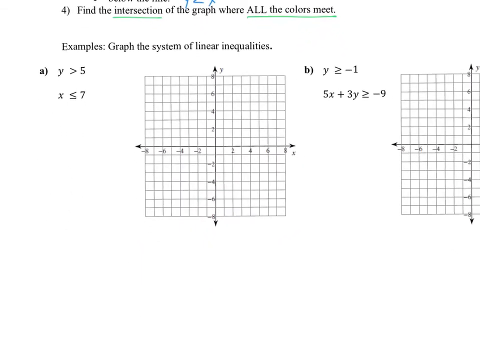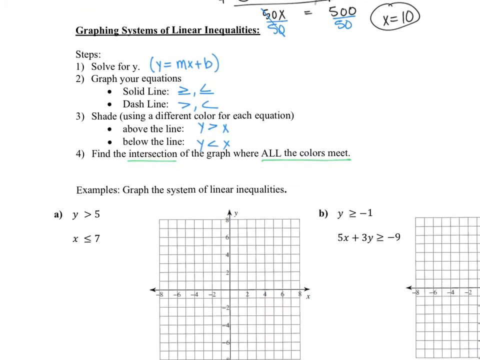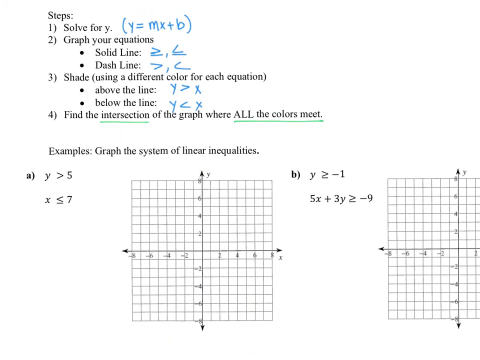All right, here we go. So first, let's review a little bit about graphing lines. In the first example here, I made it really simple. Notice how x and y is already by itself, so there's no solving that needs to be done here. We can go straight into step 2, which is graphing. And so if I were to do that, let's just first think about how I would graph an equation that's just y and a number.